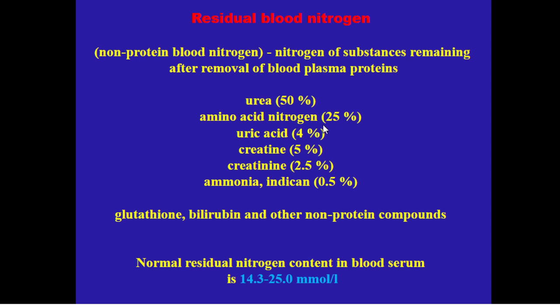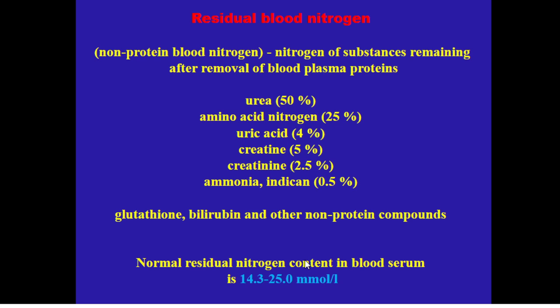Other components are amino acids and uric acid, a final product of purine nucleotide degradation; creatinine, formed from creatine phosphate usage by our muscles; a small quantity of ammonia; indican; and other nitrogen-containing compounds like glutathione, bilirubin, and other non-protein compounds.